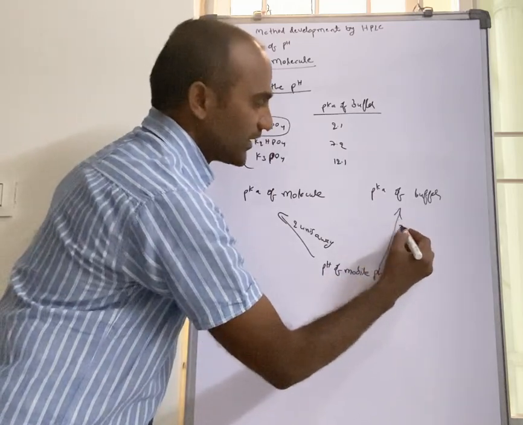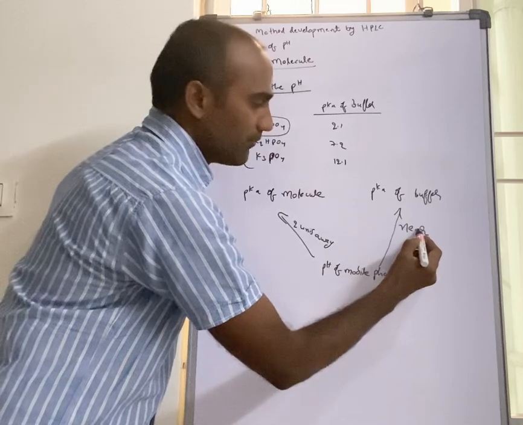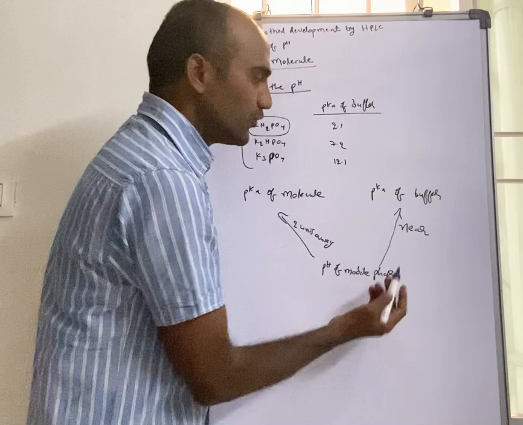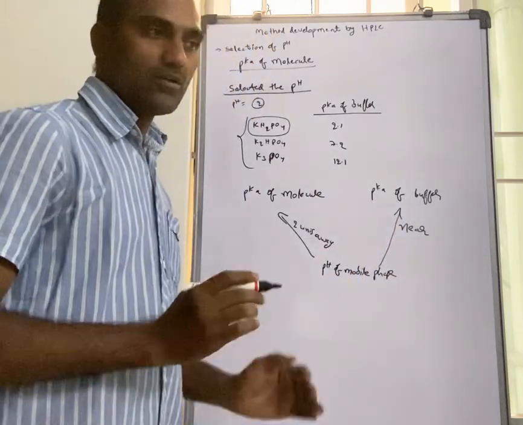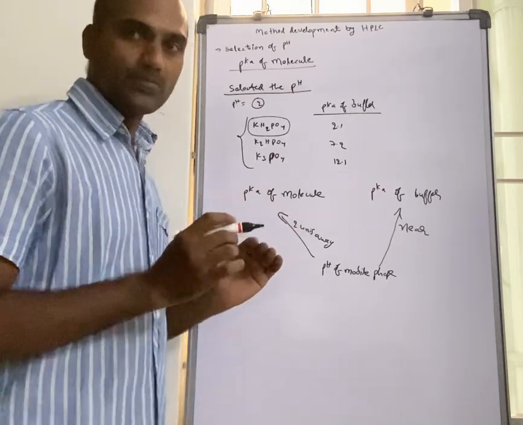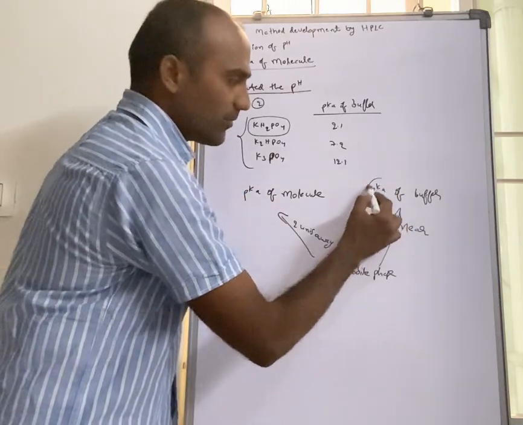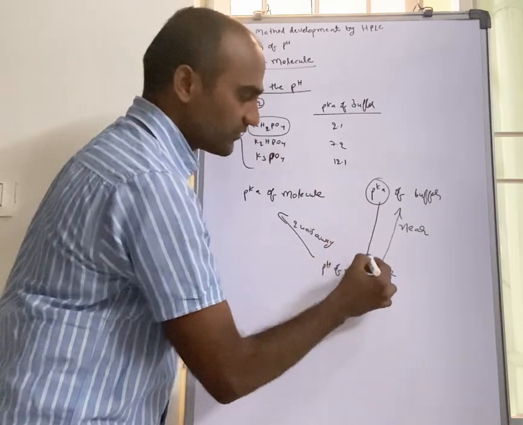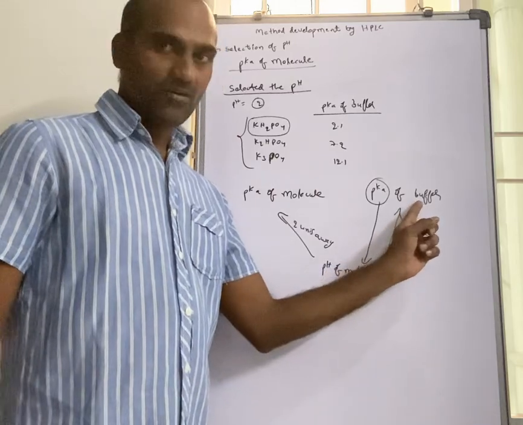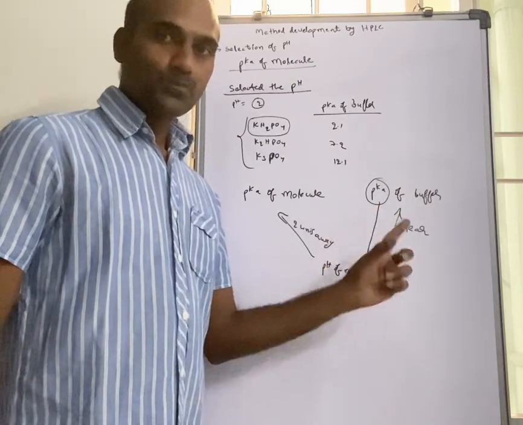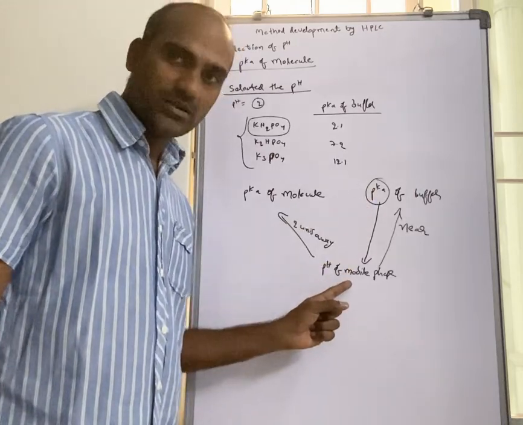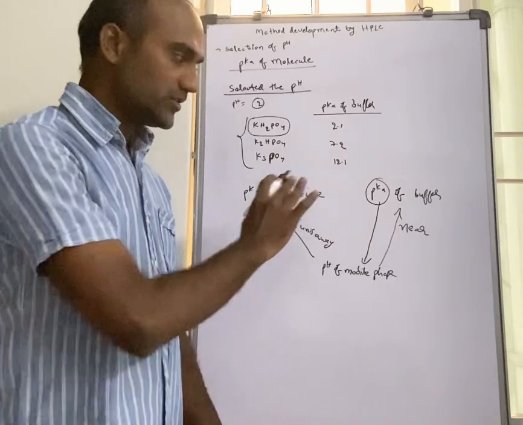At a pH value near the pKa value, the buffer will work correctly. The buffer capacity will be more when the pKa of the buffer is near the pH of the mobile phase. Don't confuse between these two.